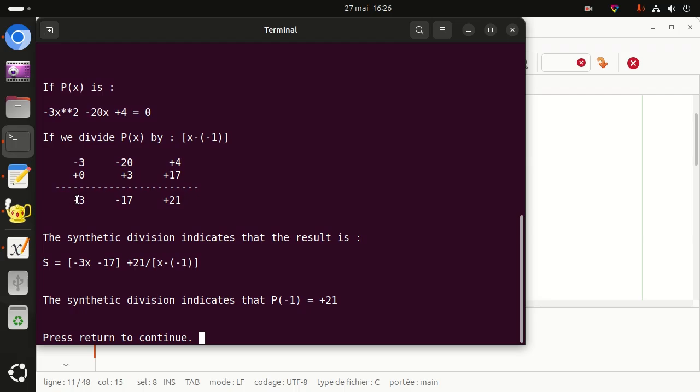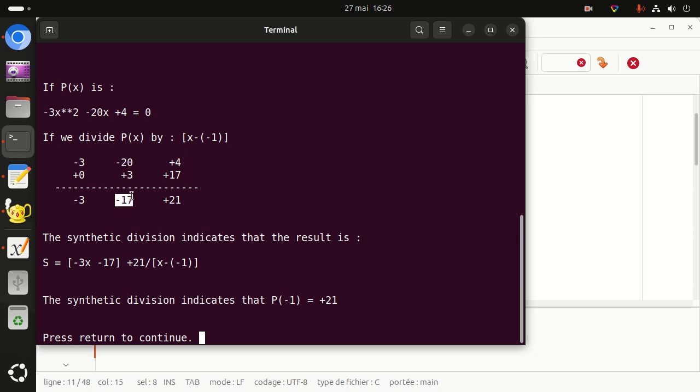I use minus 3 multiplied by minus 1, by k. This gives plus 3. Now I add minus 20 plus 3.